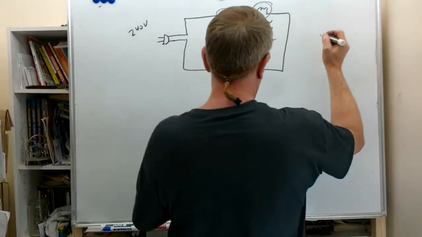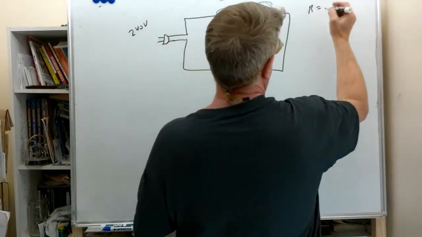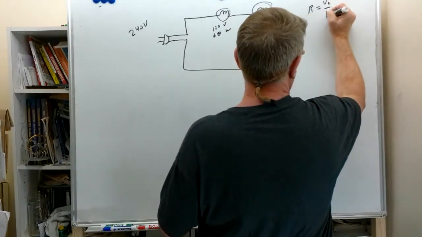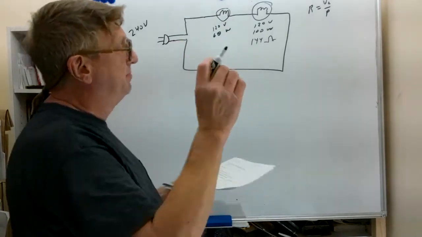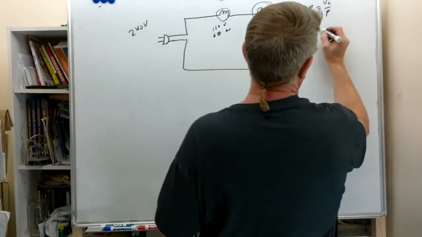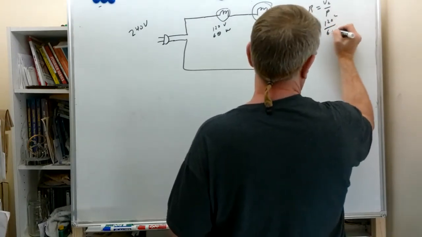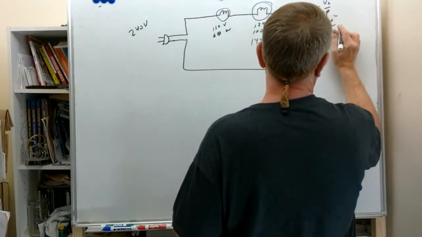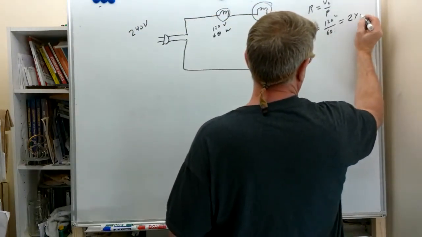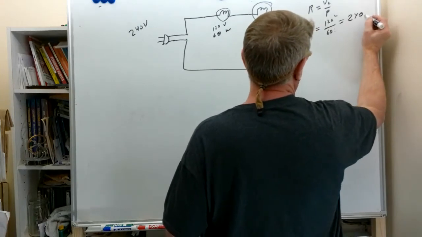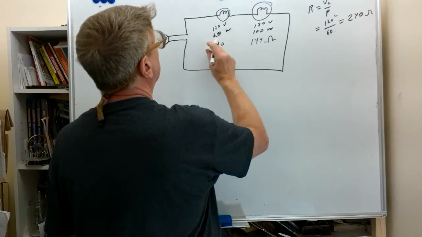Now if we use our resistance equals voltage squared over power, and we're interested in using the voltage that it's designed to operate on and the power that it's designed to operate on, we end up with 120 squared over 60 watts. And we end up with a different value now: a 240 ohm filament resistance. So we can write that here, 240 ohms.